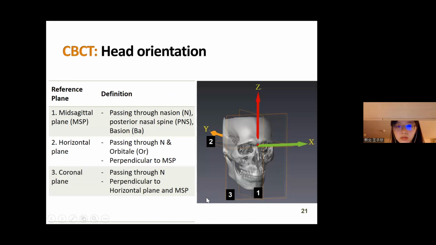The reason that we didn't choose nasion and ANS as the landmarks is that we can sometimes find ANS deviation in facial asymmetry patients. But posterior nasal spine, PNS, usually has no obvious asymmetry, so we chose N, PNS and the other point as the mid-sagittal plane.